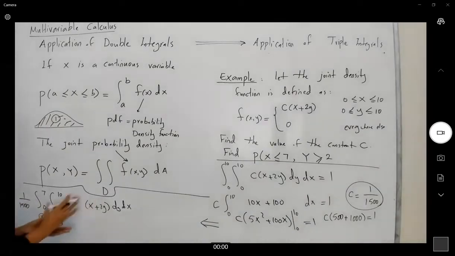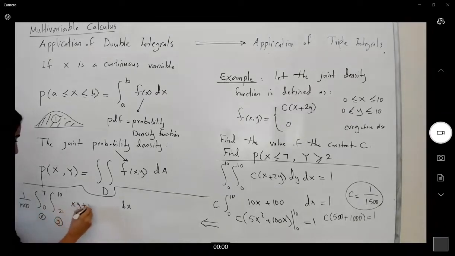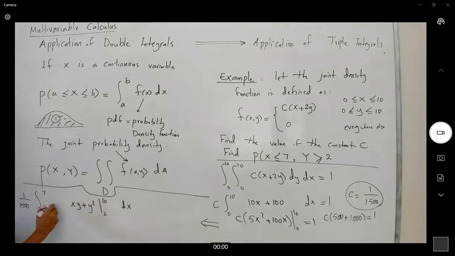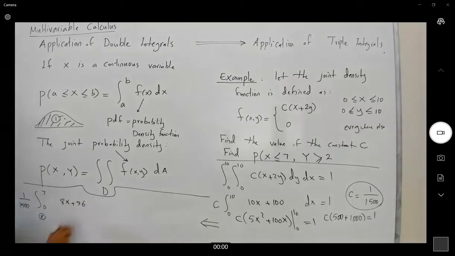I can write this constant, 1 over 1,500, outside the integral. Then take this integral with respect to y, which is equal to xy plus y squared. My y ranges between 2 to 10. So let us plug in 10 here. I get 10x plus 100 minus 2x plus 4. So this is going to be 8x plus 96, dx.